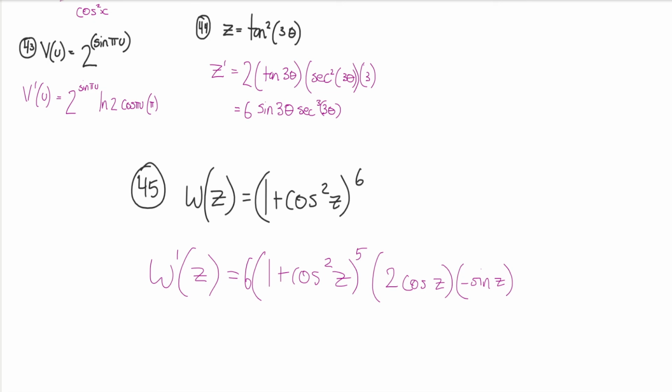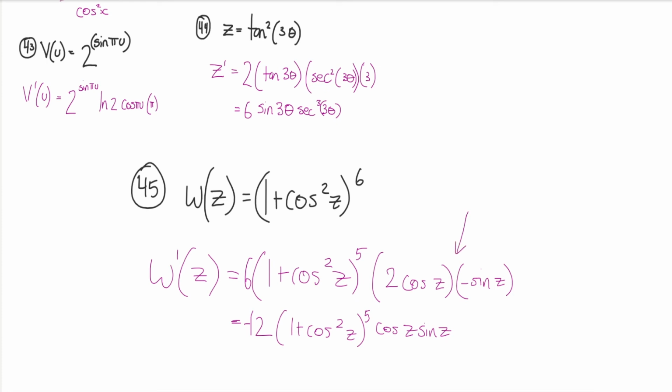So now we're okay. So, what do we get? Okay, so negative 12 times 1 plus cos squared Z. Is that right? Yeah. Right?